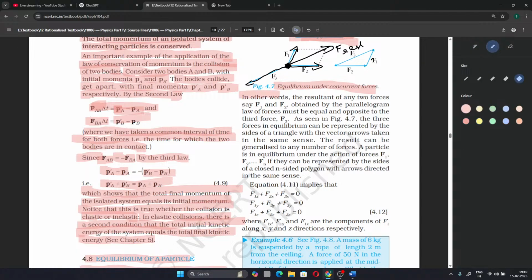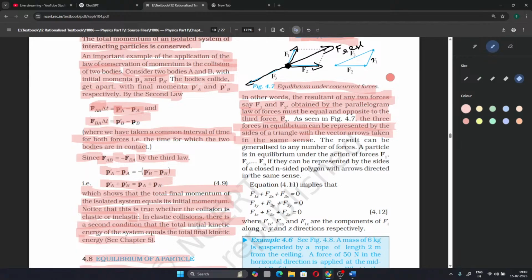In other words, the resultant of any two forces, say F1 and F2, obtained by the parallelogram law of forces, must be equal and opposite to the third force. That is what I did here. The parallelogram. Basically, I took a resultant here. The three forces in equilibrium can be represented by the sides of a triangle with vector arrows taken in the same sense.